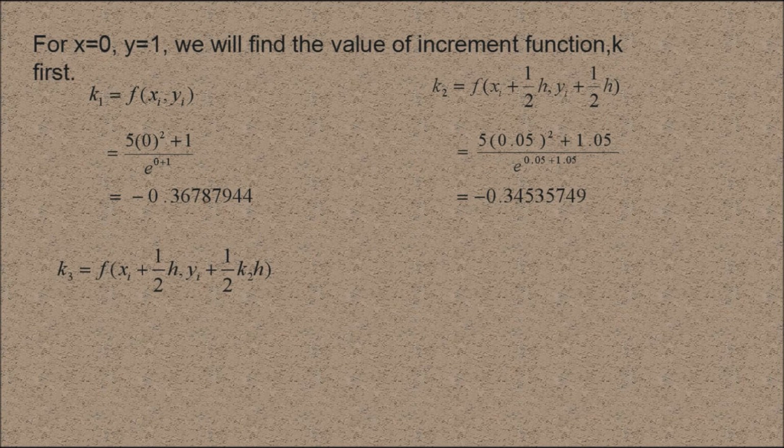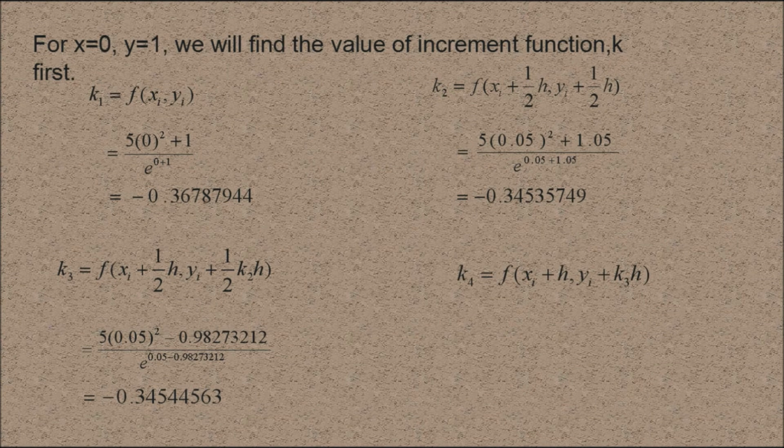For k3 equal to f(xi plus 1 over 2 h, yi plus 1 over 2 k2 h). The step to find x is the same as in k2, but for y, we will have to find y plus half the value of k2 times the step size. Then, we obtain the value negative 0.345 44563.